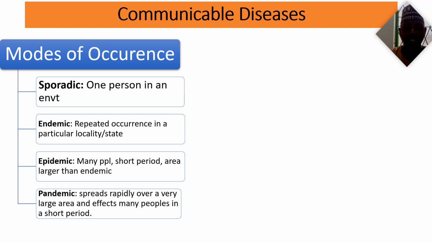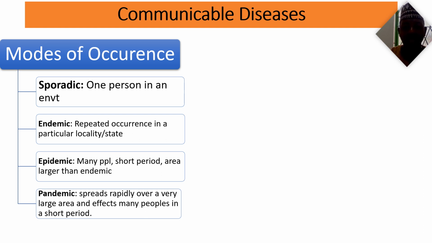Now, having said this, let us look at the mode of transmission of communicable diseases. Since we said communicable diseases are transmitted from one person to another, it is important to understand how the diseases are transmitted.